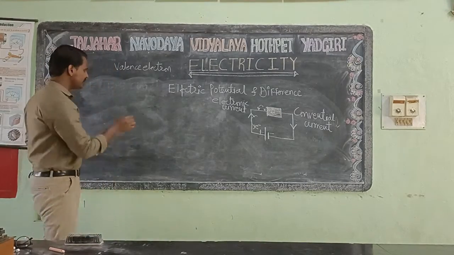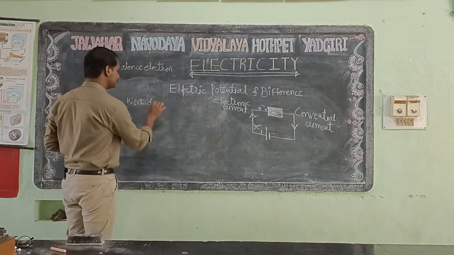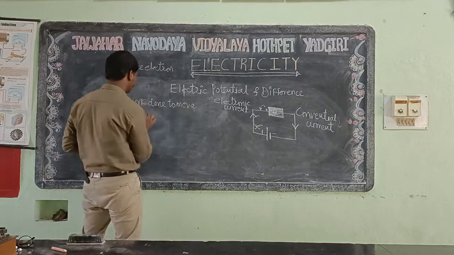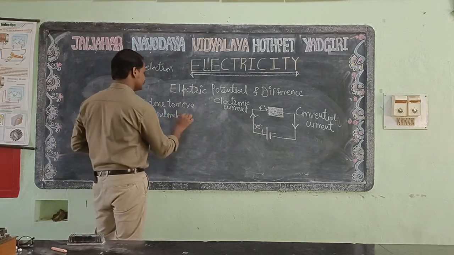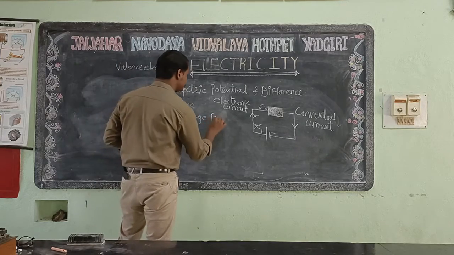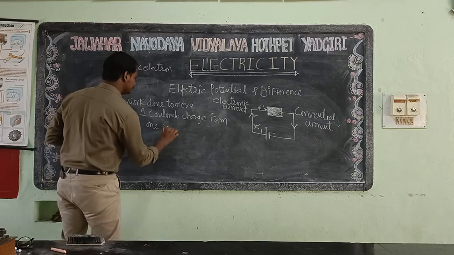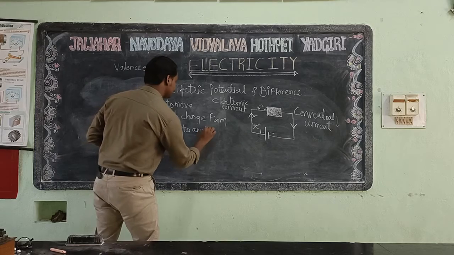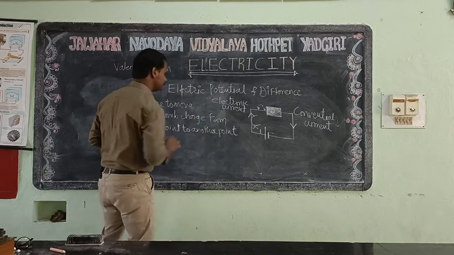So when work is done to move 1 coulomb of charge from one point to another point, it is called potential difference.